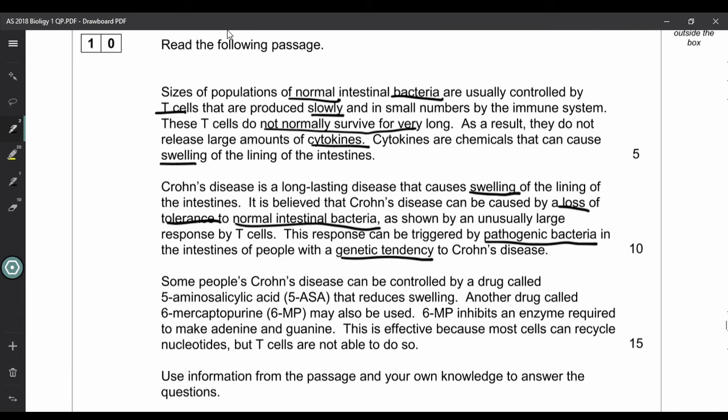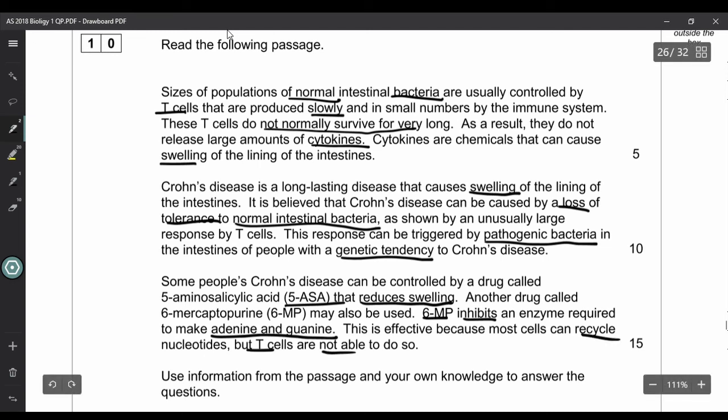Some people with Crohn's disease can be controlled by a drug, this 5-ASA, that reduces swelling. So again, the swelling is mentioned again. Another drug, 6-MP, may also be used. 6-MP inhibits an enzyme required to make A and G. This is effective because most cells can recycle nucleotides, but T cells cannot recycle these bases.